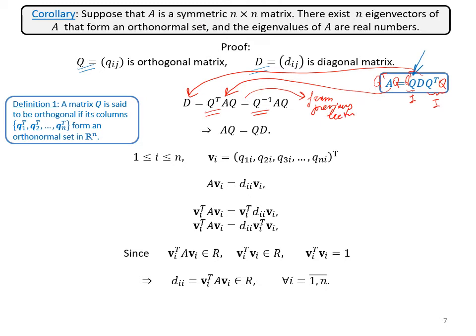So, now we can do the last step, and we can multiply the left and right sides of our last expression by Q from the left.